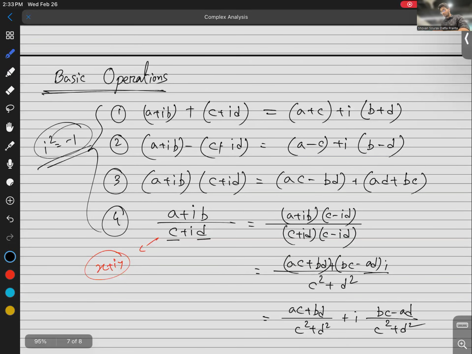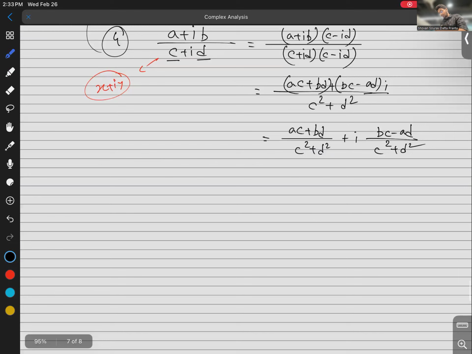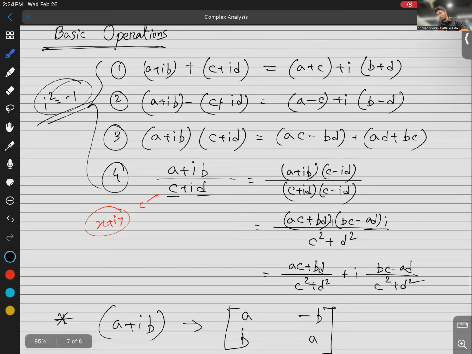So the last part: we can represent any complex number in a matrix form. If a plus ib is a complex number, then its matrix form is a, minus b, b, a. This is just a matrix representation, and we can verify that it also holds for all the operations defined above.